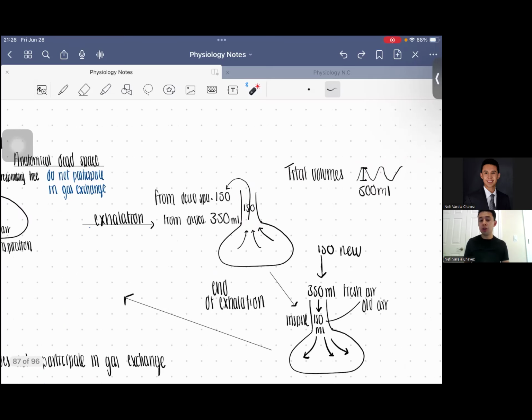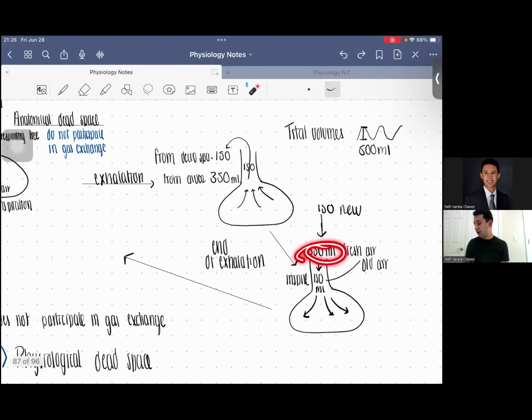Okay, so now when we have inhalation, we're gonna take new fresh air. At the end of exhalation and at the beginning of inspiration, now we're gonna take 350 milliliters of fresh air, and now this 150 milliliters of old air is gonna go to the alveoli.